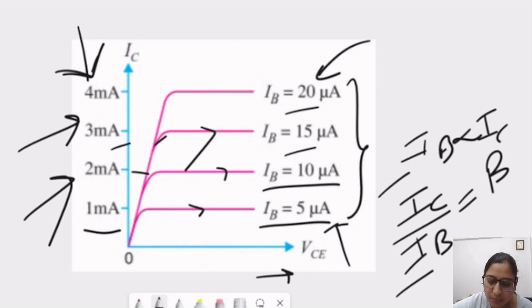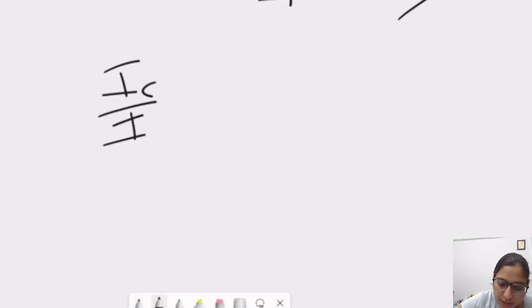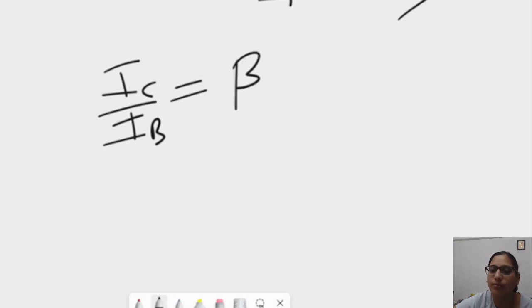Now we will discuss beta here, which is the current gain. IC upon IB is the current gain, which is beta. Now there is a relation between alpha and beta.